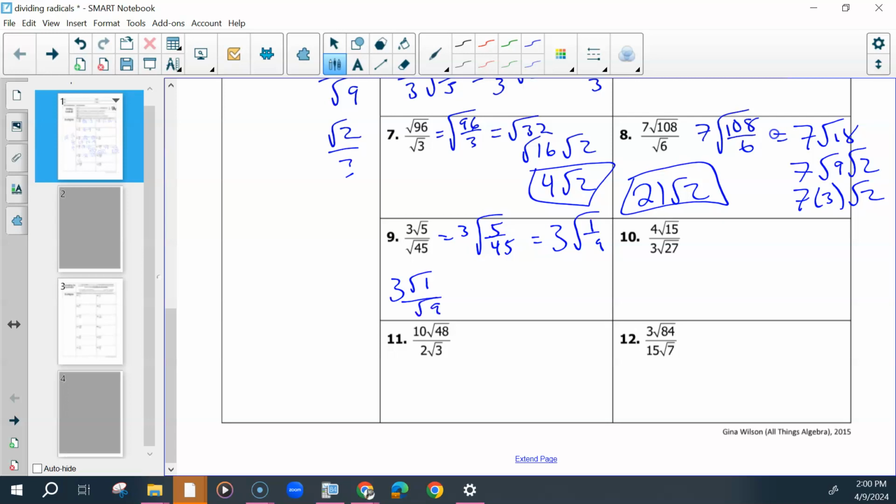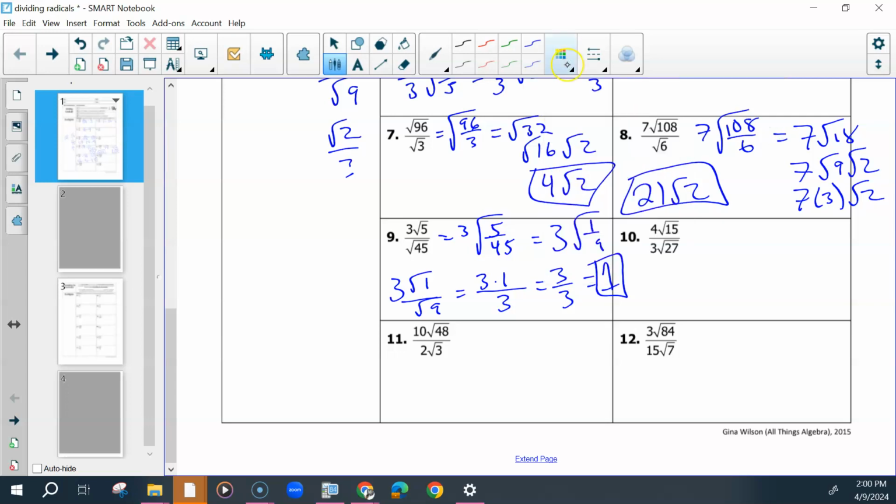Like this for now. So that will give me 3 times 1 over 3. And in this case, my answer is just 1. So I get a whole number. And if I were to put that in, 3 times the square root of 5 is actually the same as the square root of 45, which is why this ends up being 1.